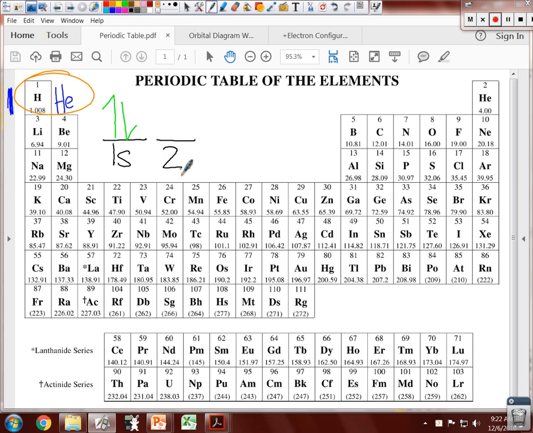What block is it in? Well, that's interesting. How many can fit on that line? How many arrows can fit on one line? So if I needed beryllium, could I add 2 electrons and take care of beryllium? Do you agree that beryllium still is in the second period in the S block? All right, so beryllium is taken care of as well. So I can get to those two.